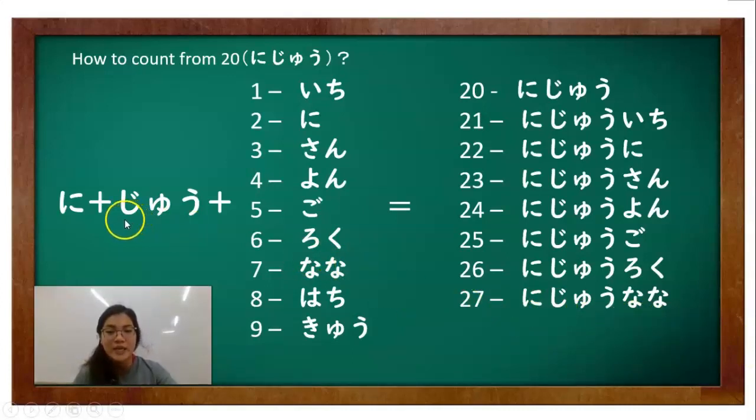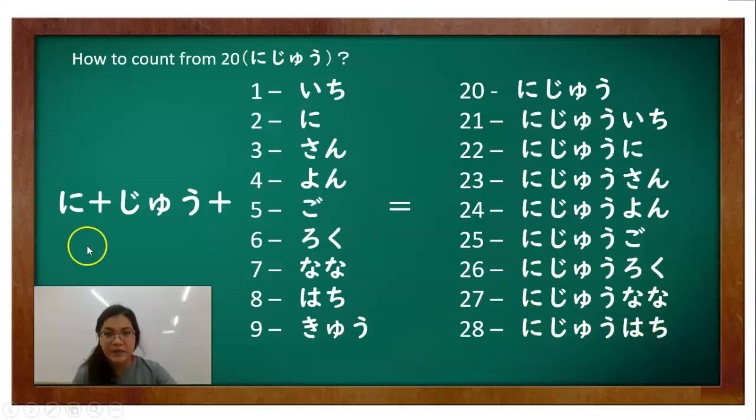Next, 28. Ni ju plus hachi is ni ju hachi. And last, 29, ni ju plus kyu is ni ju kyu.